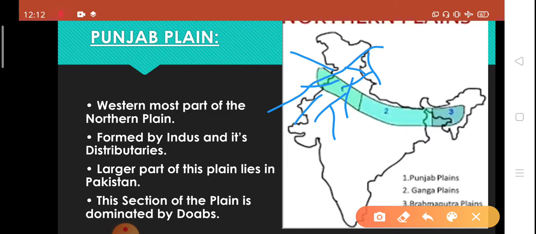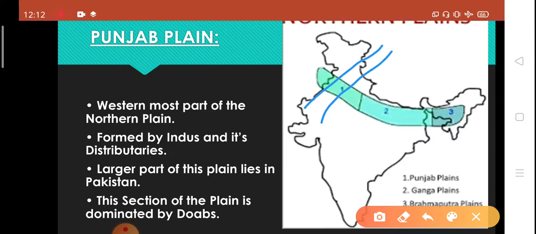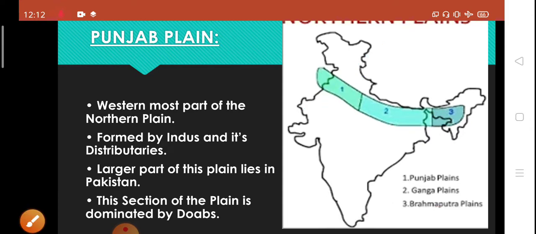For example, let's say there is one river going here and the other river is going here. That means this part will be called a doab. That means it is a plain area between two rivers, and we have many doabs in this Punjab plain. In fact, Punjab is itself called Punjab because it is a land which has 5 rivers.